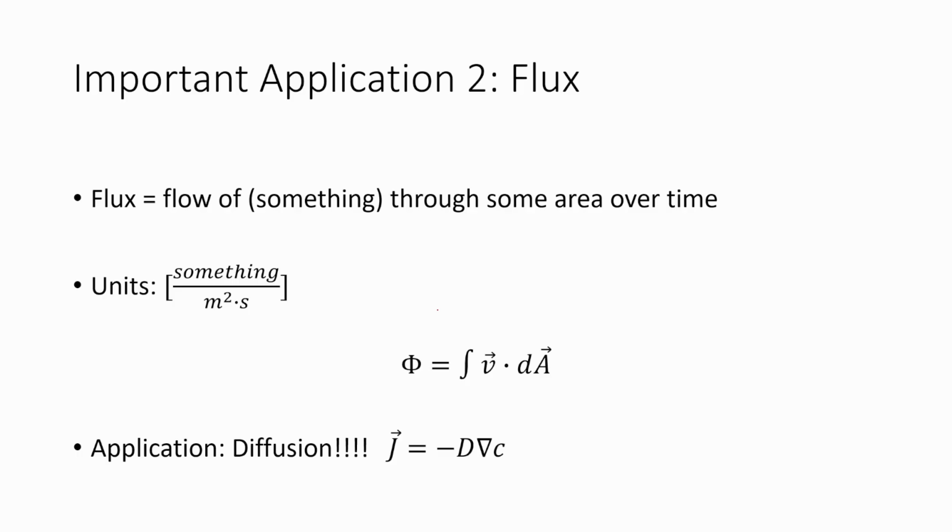And this is our area and time idea. And the flux calculation that we do is then going to involve doing a multiple integral over some surface area if you want to know the total amount of substance, we'll say, that goes through that area.